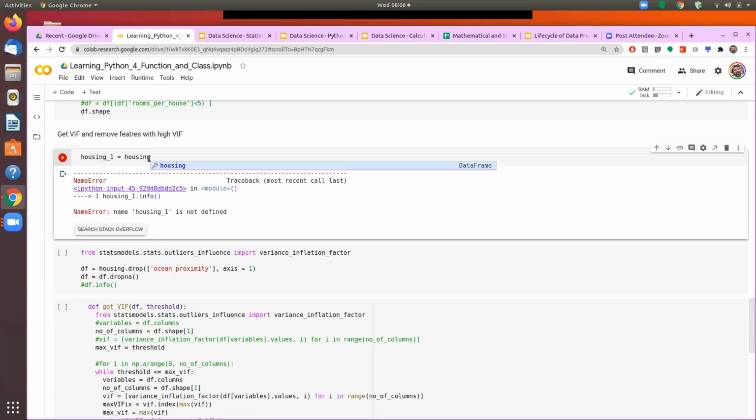So we are just dropping the ocean proximity because that's a non-numeric data field that we have got.